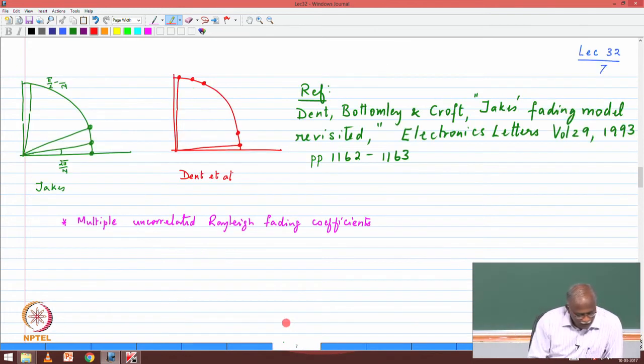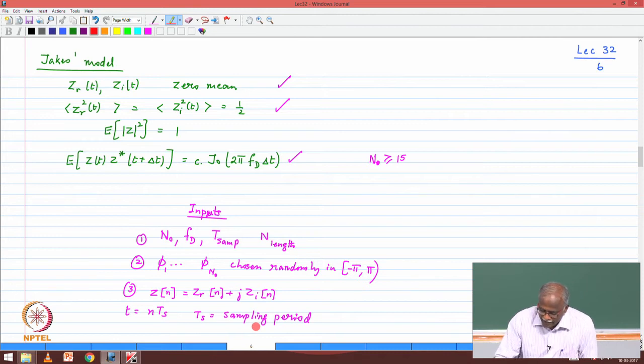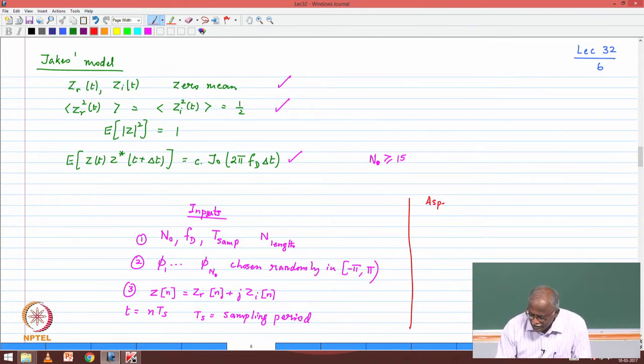So, maybe to summarize, in the Jakes model, I'll just add a couple of comments to the right hand side. We have used the following results in our derivation.